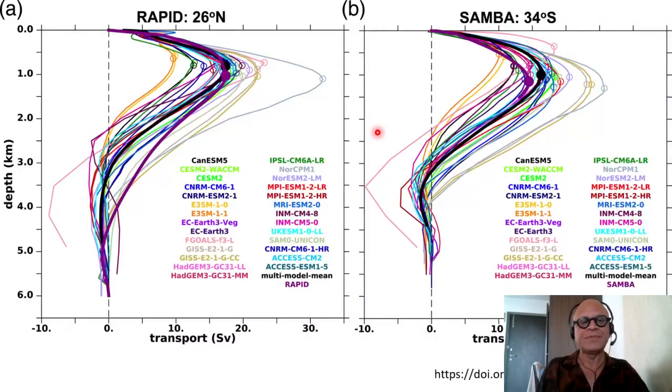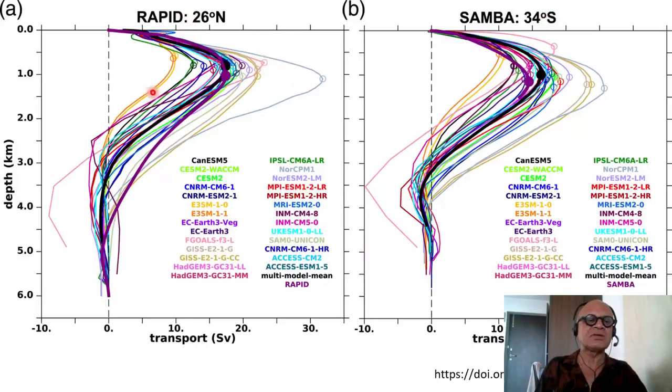Okay, this is the comparison of various models used in CMIP 6. It doesn't matter which versions you use, and these are transports in the Atlantic meridional overturning circulation being compared at two sections from where observational estimates were made, so-called RAPID time period section at 26 north and SAMBA, which is at 34 south, which we'll look at in a minute.